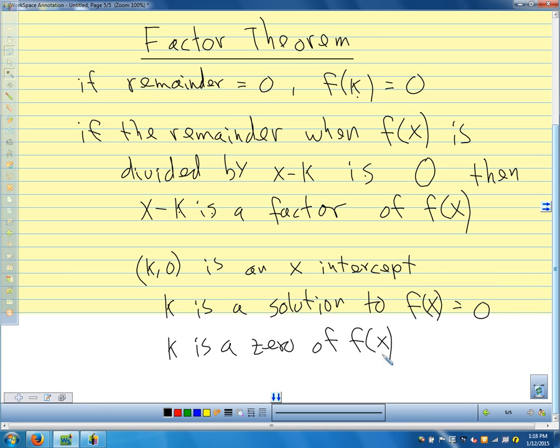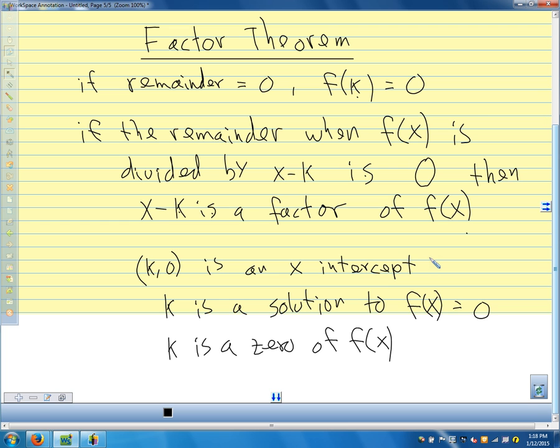So if we do a synthetic division, we get a remainder equal to 0. We found a solution to the equation f of x equals 0. We found an x-intercept. We found a 0 of the function. We found a factor of our original polynomial. So we have one set of parentheses that our polynomial is going to factor into.